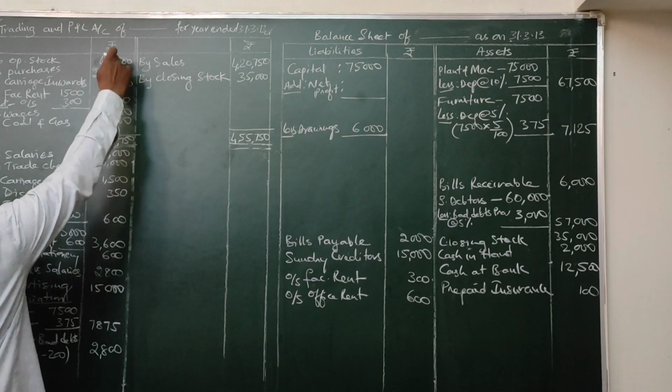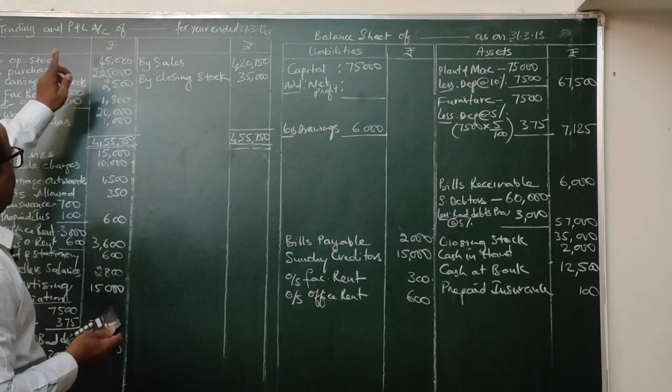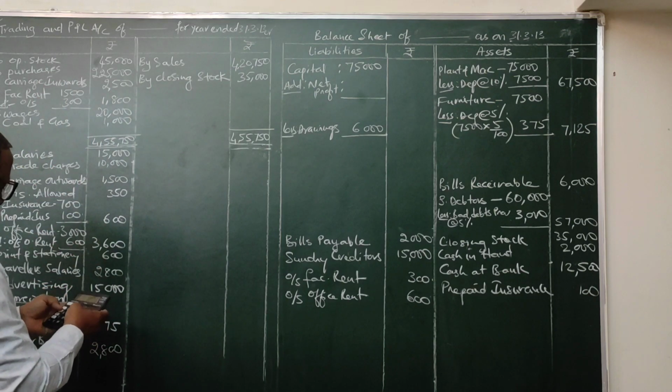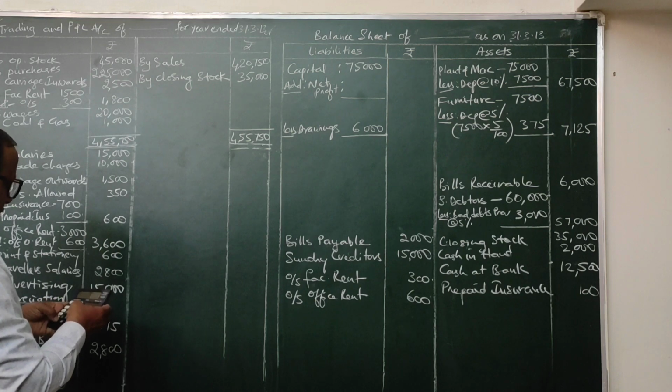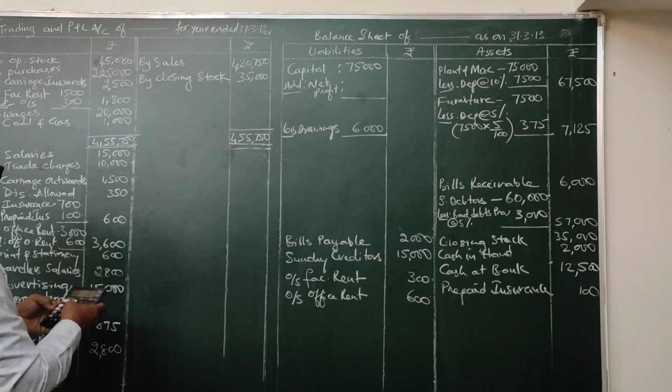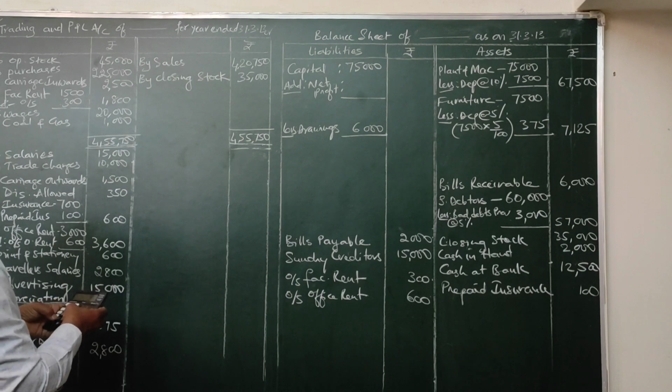Now from this, let's subtract these items: 45,000, 2,25,000, 2,500, 1,800, 20,000, 1,000.